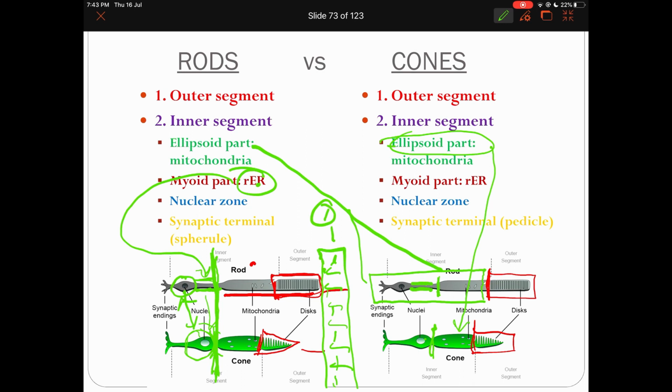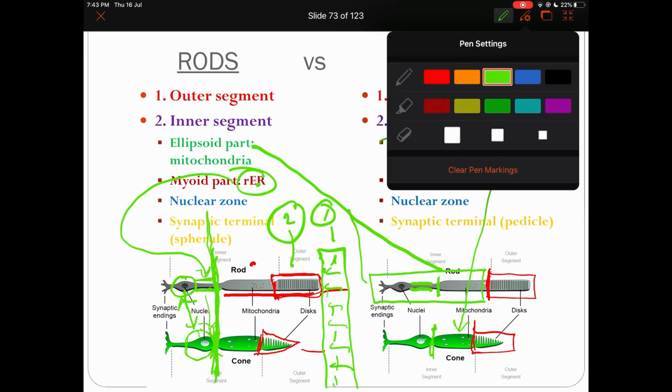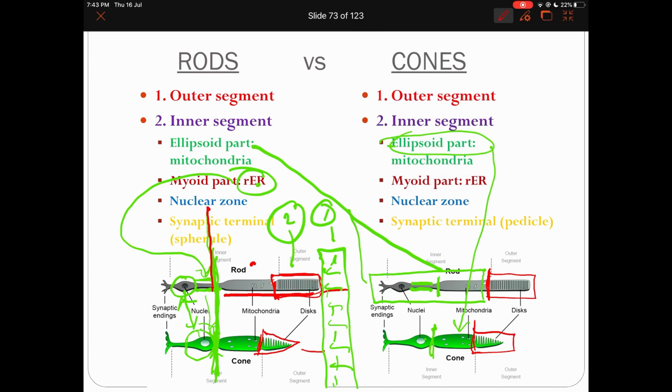The second layer was the rods and cones, their outer segment and their ellipsoid part as well. But the third will be the outer limiting membrane, so that all rods and cones should be standing here in line, stabilized. This is our third layer, called the outer limiting membrane, formed by the short processes of the Muller cells, and then will come your nuclei. This is your fourth layer now.